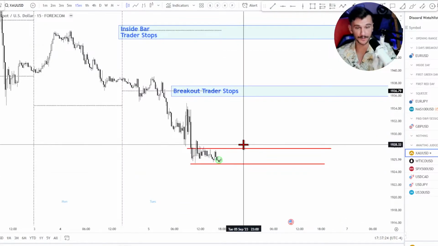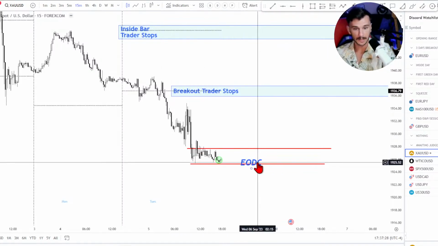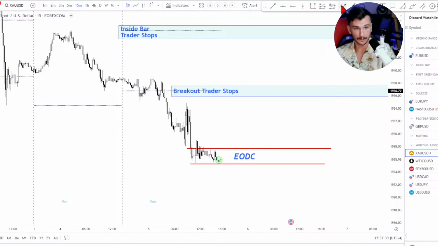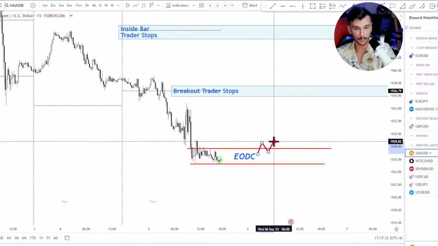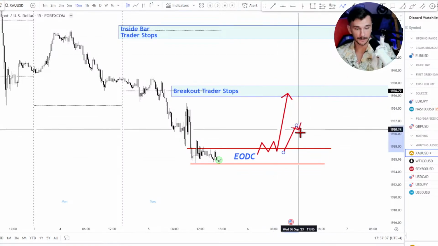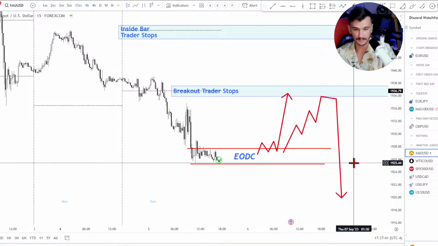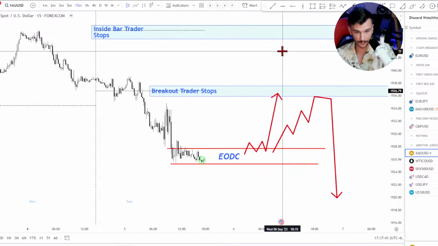Really my only 2 options. It could go down or it could go up, right? So I've got my end of day consolidation, and I've got 2 ideas. Either consolidation, break structure, pull back, and up, or maybe a 3-session rise, dump back down. That's pretty much it.